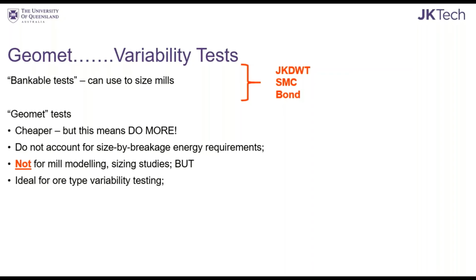Technically, it means that you will do more tests in order to obtain a larger data set, so you get more knowledge about your deposit. Again, they're not for mill modeling or any sizing studies, but all about variability and domaining purposes at the end of the day. If you do want to use them for design, you do so at your own risk.